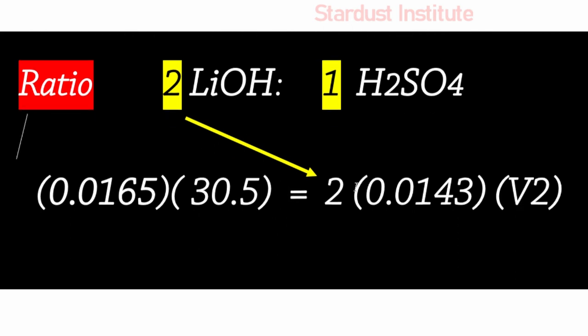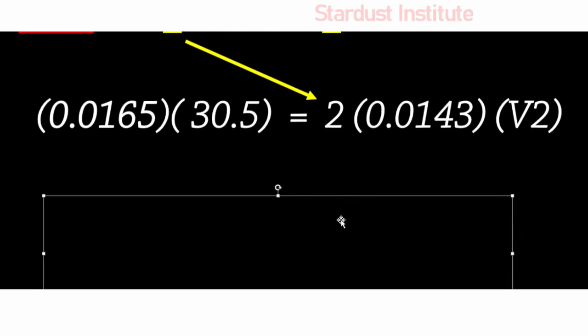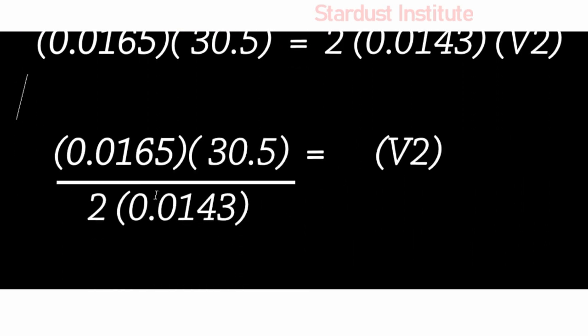Here we need to find V2, therefore we should isolate V2 on the right hand side of this equation. Then 2 times 0.0143 goes to the other side. In this way, 0.0165 times 30.5 divided by 2 times 0.0143 equals V2.